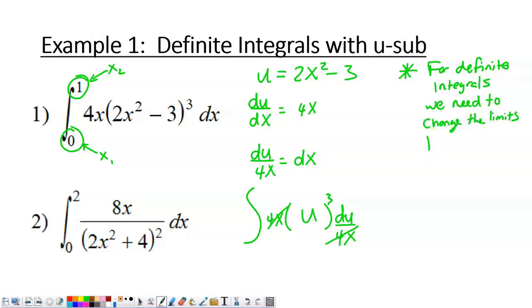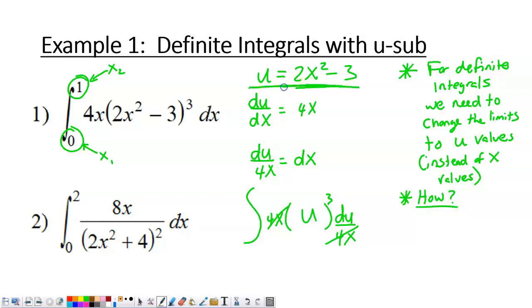We need to change them to u values instead of x values. So now the question is, how do you do that? You're going to plug those values of x into this equation that you wrote.